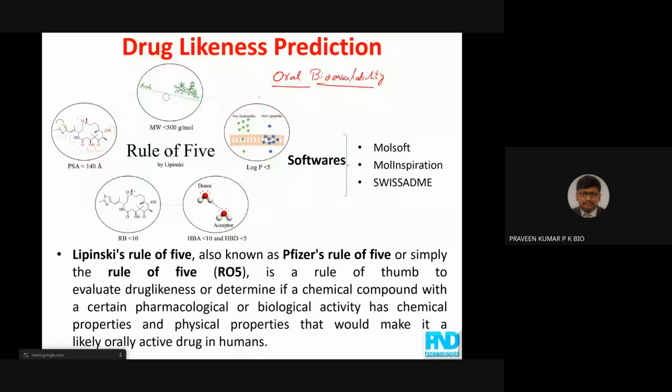Not only that, if you want to check whether any compound behaves like a drug or not. For example, if you want to treat cold, especially cold and cough, which is the best natural remedy for treatment of cold and cough?